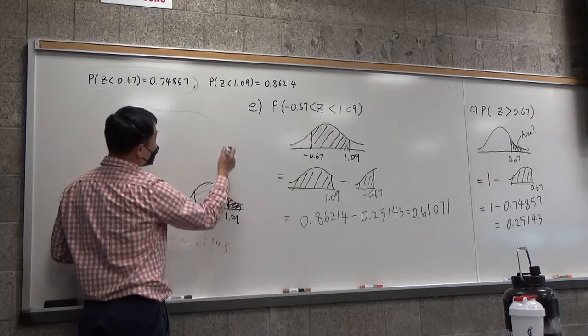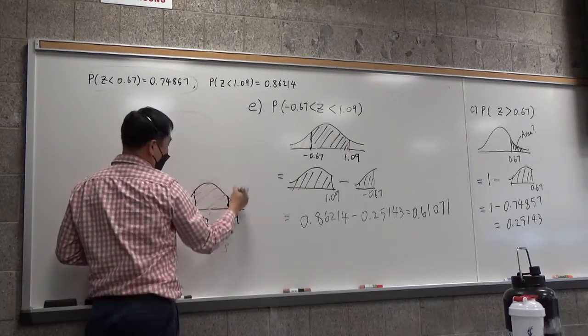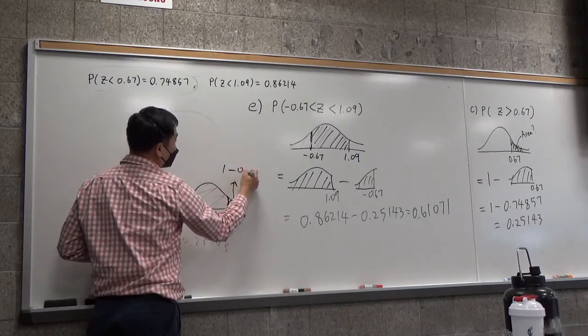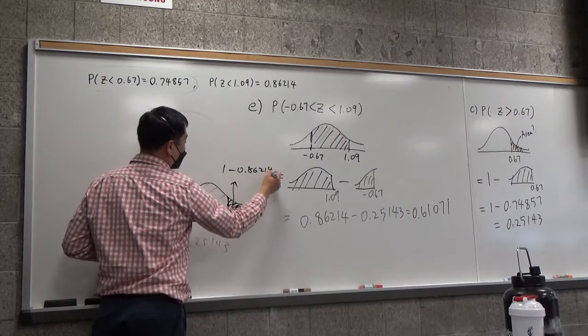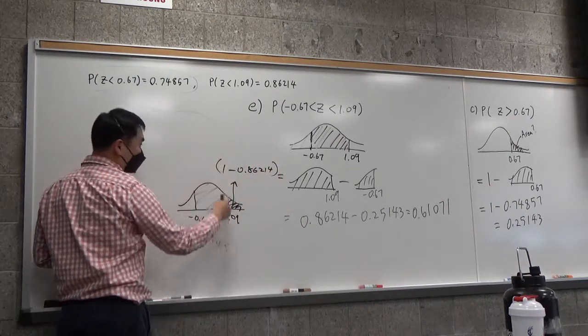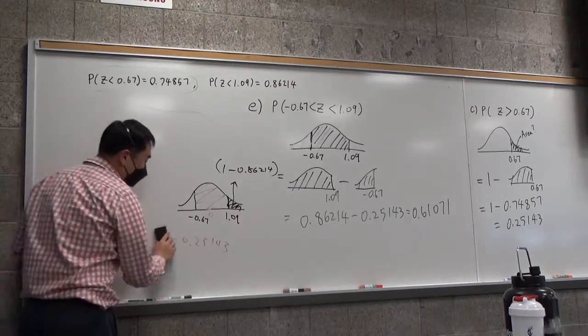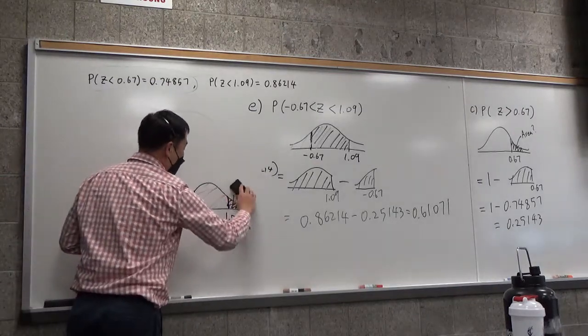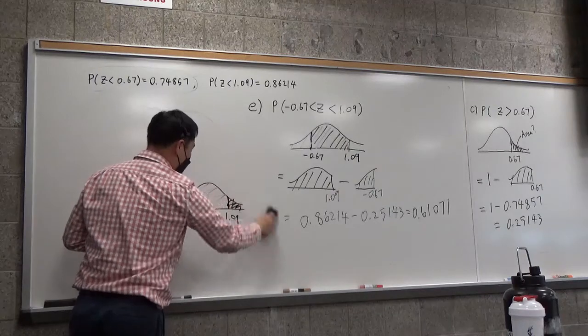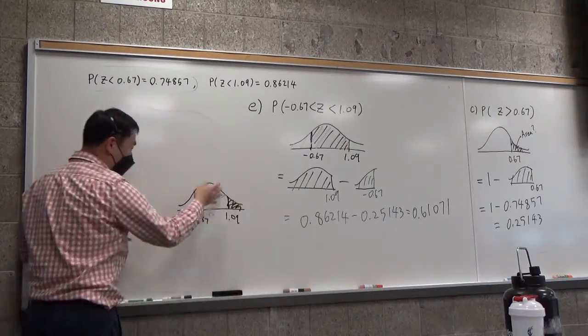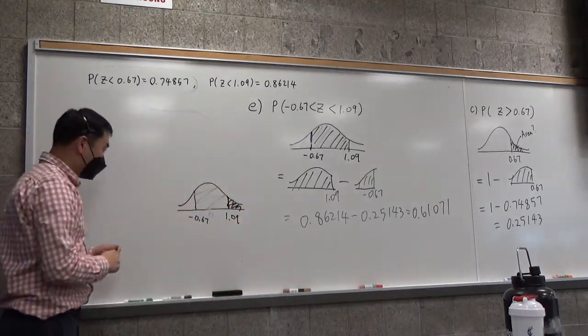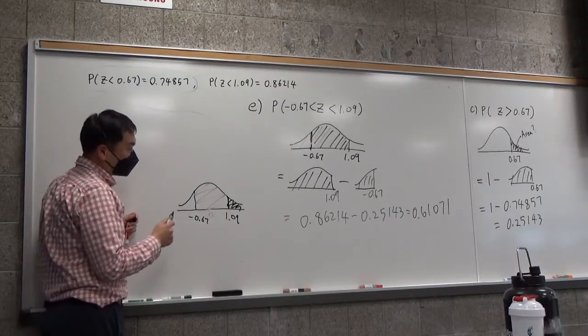This area here will be 1 minus 0.86214. So you can take this one and subtract this, and you get the same answer. It's just like cutting and pasting different parts to make it. So there are several different ways to get the same thing.